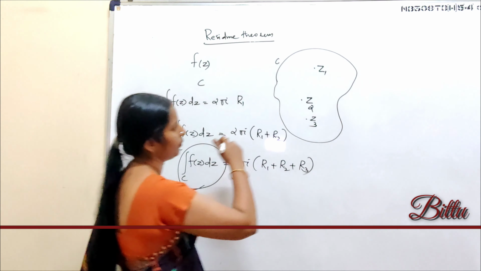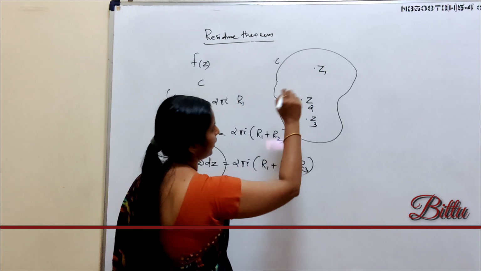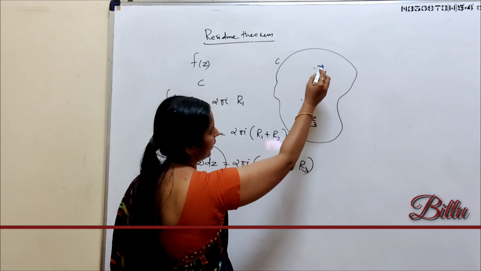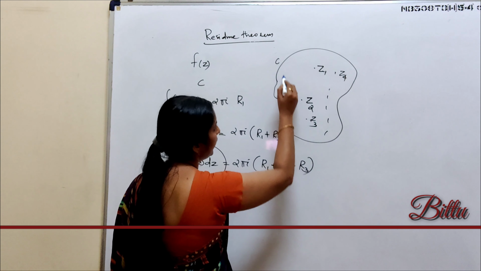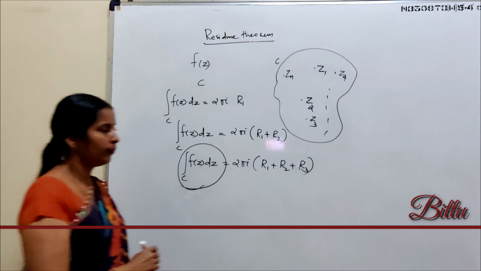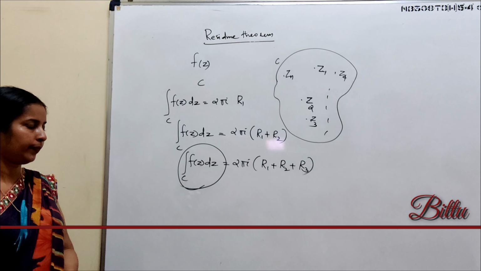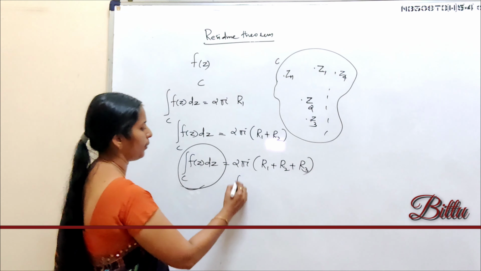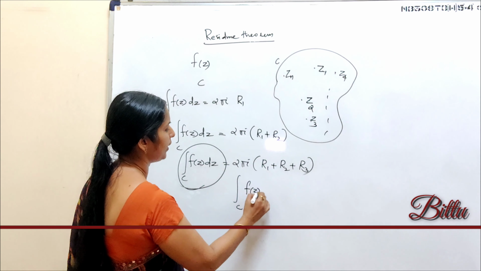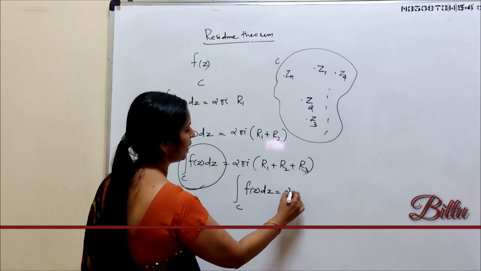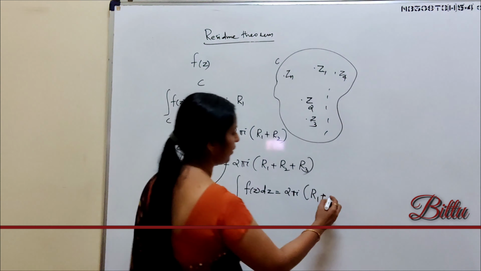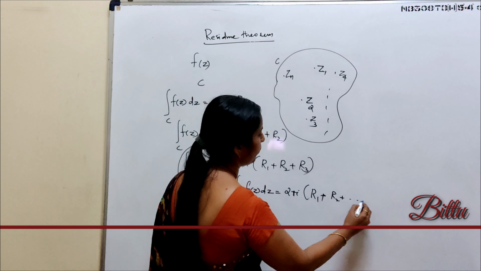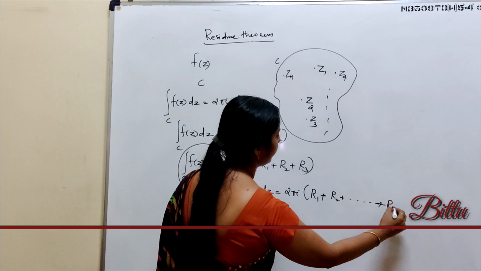Suppose f(z) has n singularities, say z1, z2, z3, z4, etc., zn within C. Then the residue theorem is integral over C f(z) dz is 2 pi i into the sum of their corresponding residues R1 plus R2 plus etc. plus Rn.